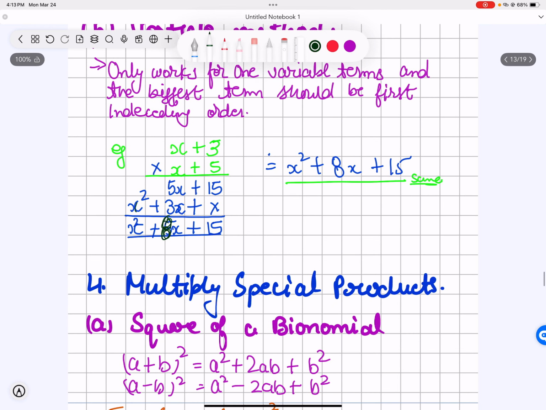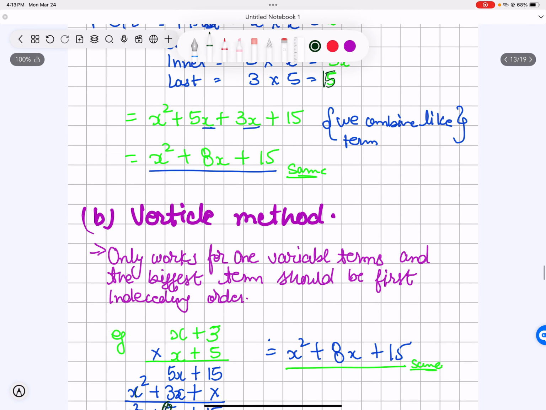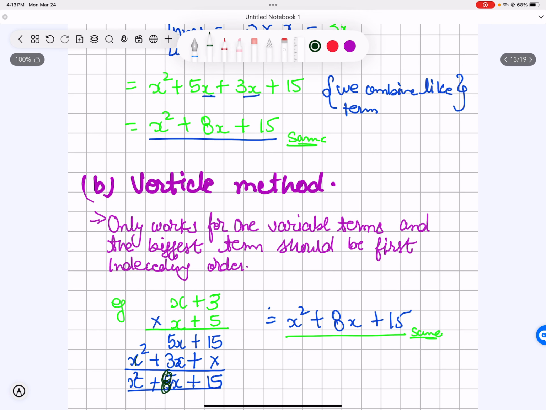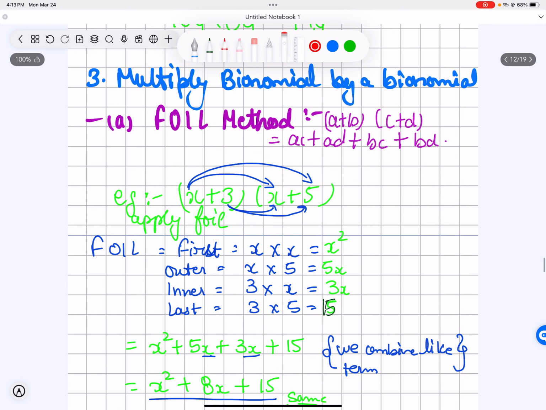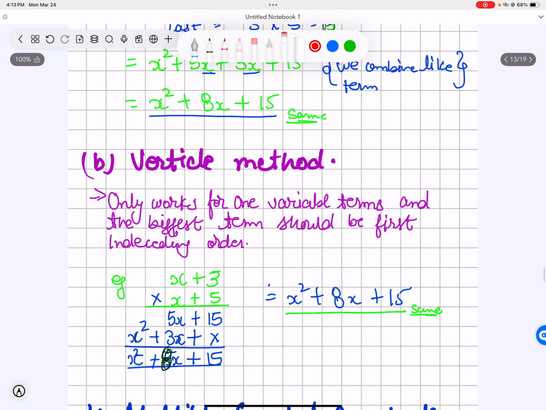Here is our final answer. As you can see, this answer and this answer are the same, only because we had one variable term, and the biggest one was first in descending order.